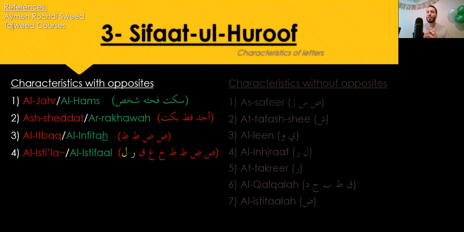And those 5 letters are lin umar: the lam, the noon, the ain, the meme, and the ra. Al, an, a, am, ar. So they can extend the sound.